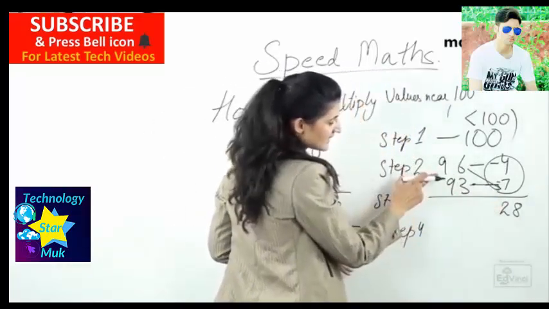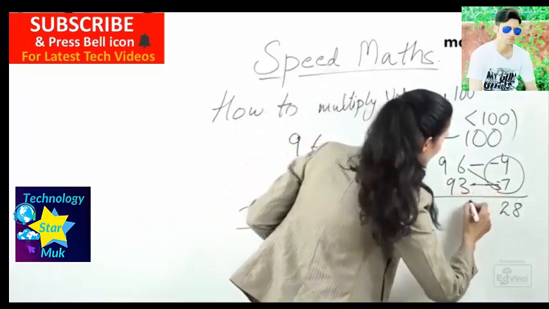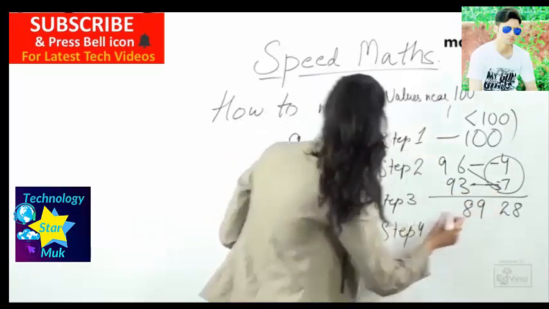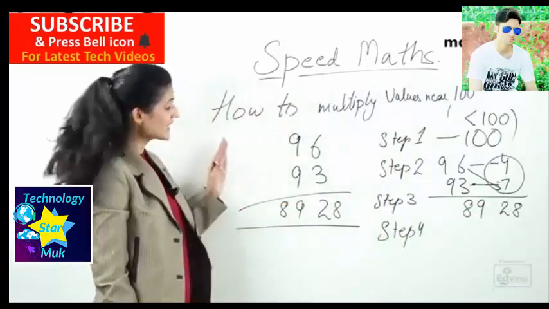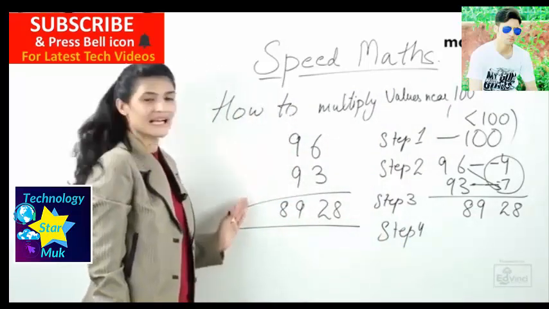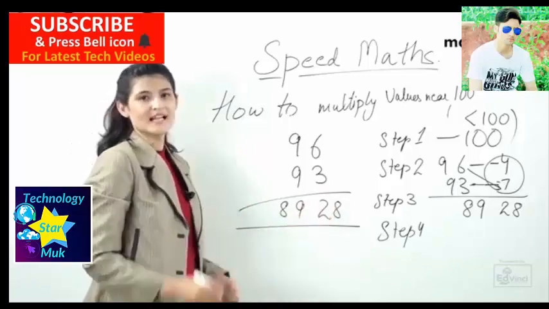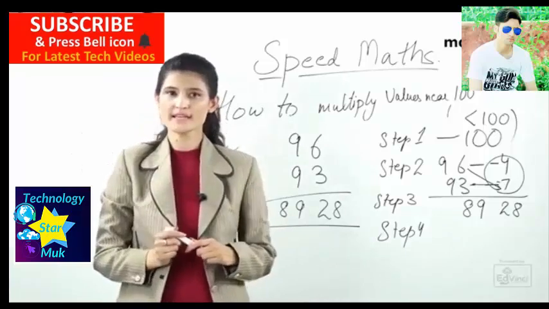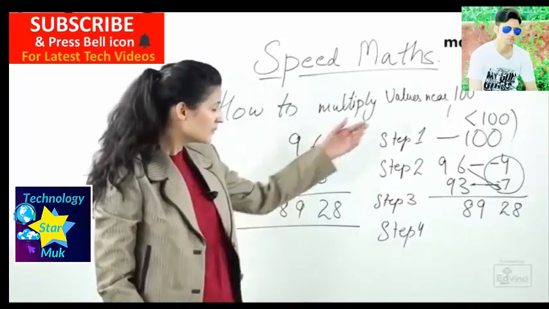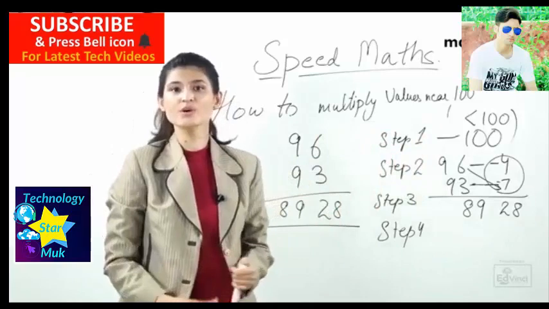As we have 96 and minus 7, we get 89. Put 89 here, and that's your answer. The answer for 96 into 93 is 8928.